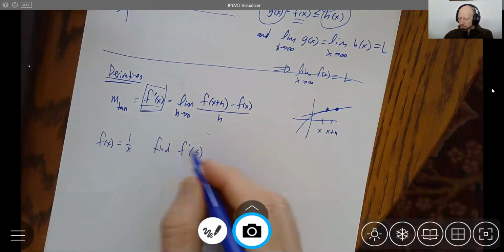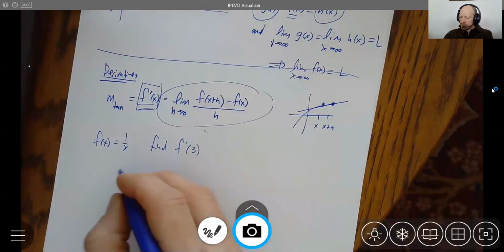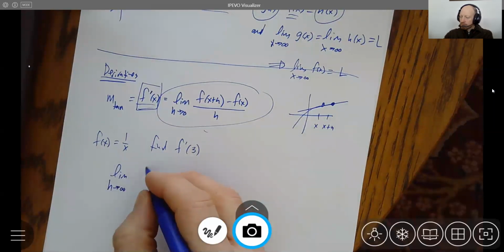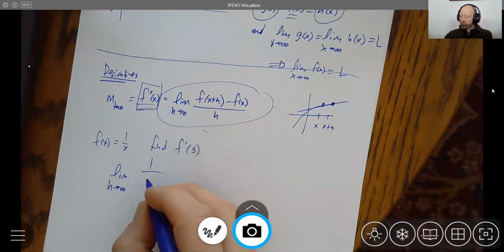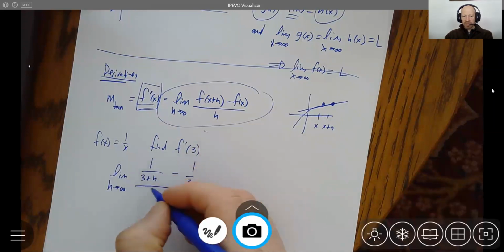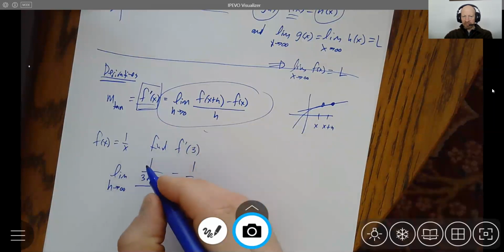So to calculate this, we're going to use our definition here. f is 1 over x, so f of x plus h is going to be 1 over 3 plus h. So this part here is f of 3 plus h, because this is my function f.